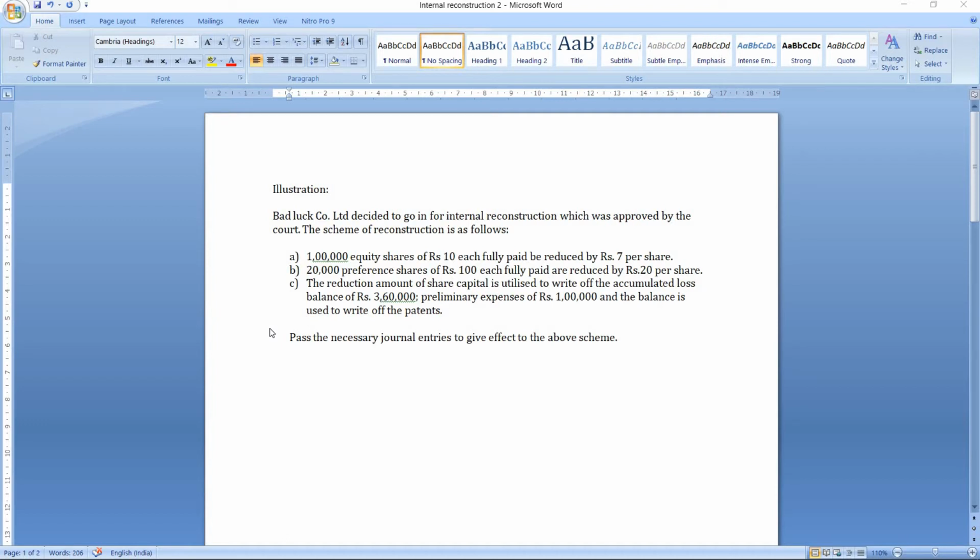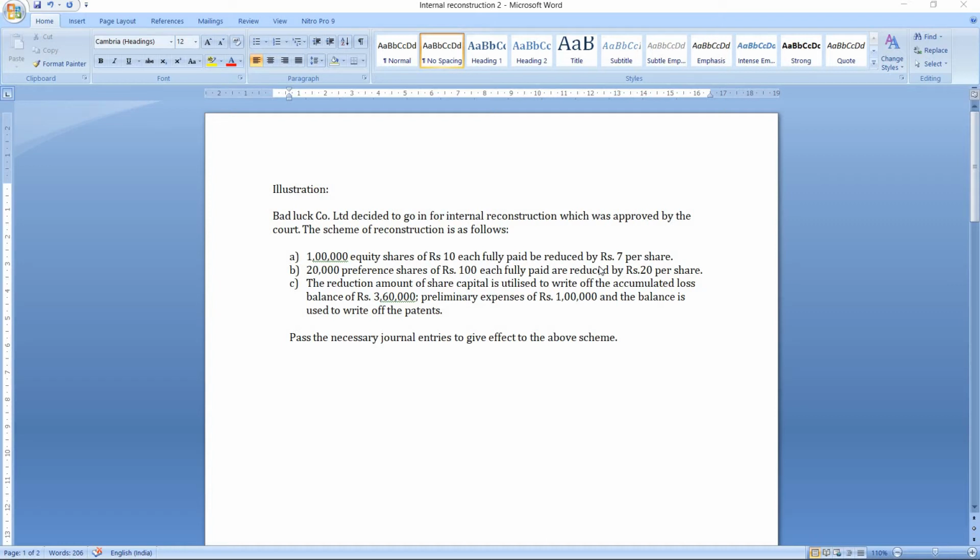Now the face value of rupees 10 has to be reduced by rupees 7. So rupees 7 is the amount of capital reduction and 3 rupees will be the new face value of the share. Because the word "by rupees 7" is used, it means you have to reduce that much amount.